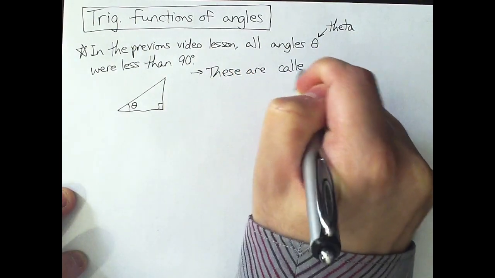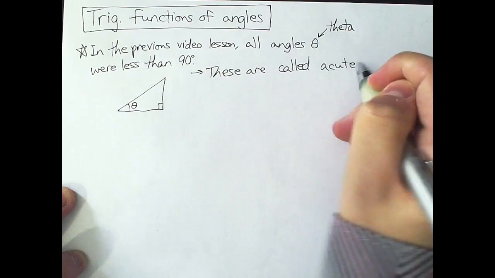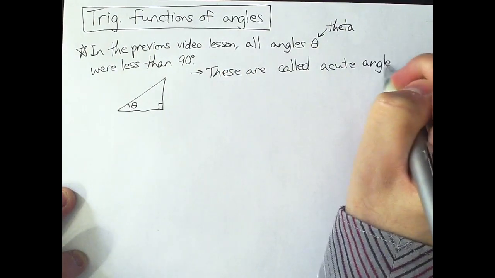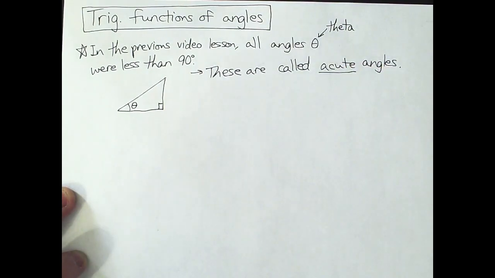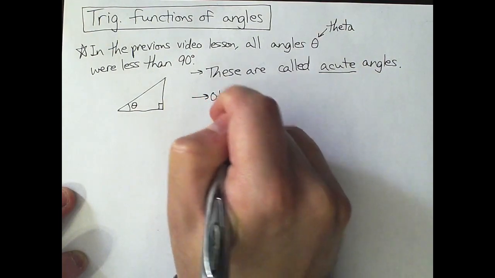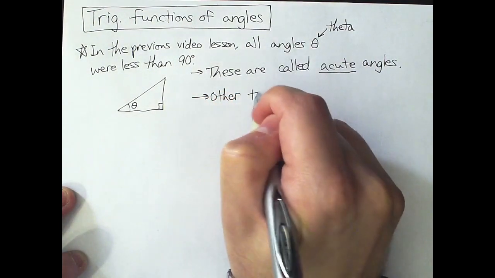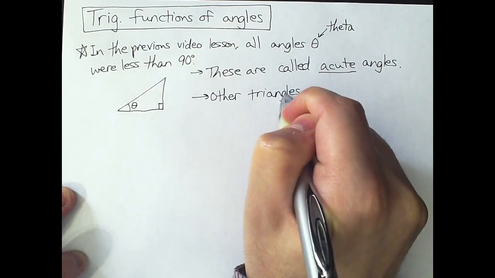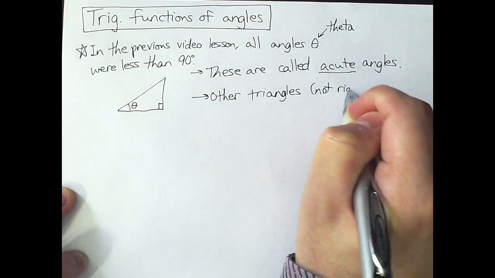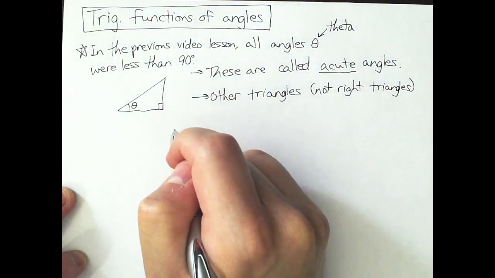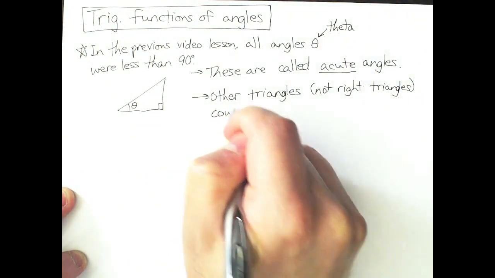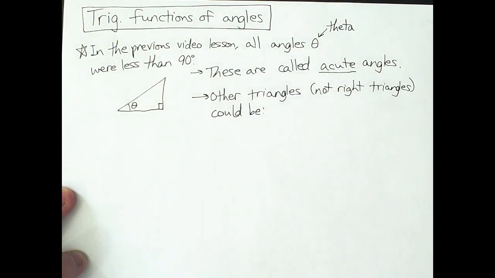These are called acute angles. And right triangles only have these and one 90-degree angle. Other triangles, meaning not right triangles, could be different.